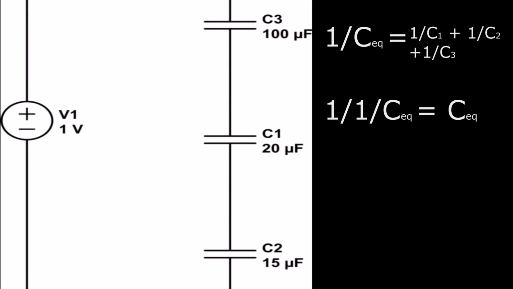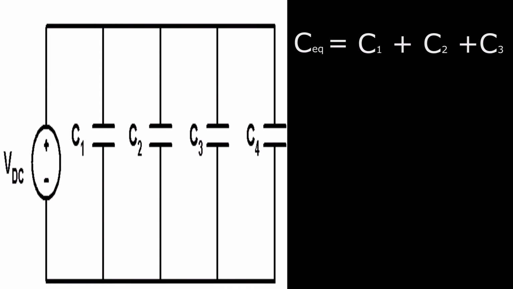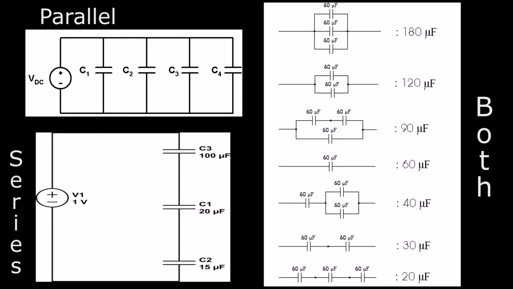If capacitors are connected in series, the equivalent capacitance is found by adding the reciprocals of the individual capacitances and then taking the reciprocal of that result. If capacitors are connected in parallel, then the equivalent capacitance is found by taking the sum of the individual capacitances. These techniques might need to be used in combination to find the equivalent capacitance of a circuit.